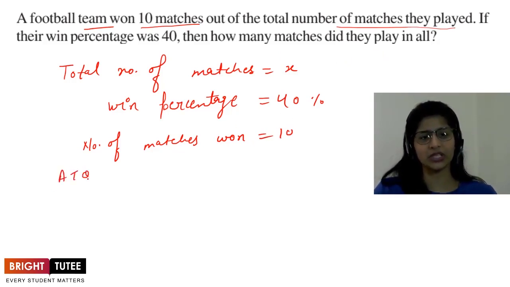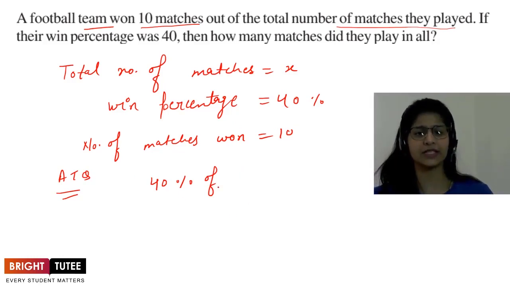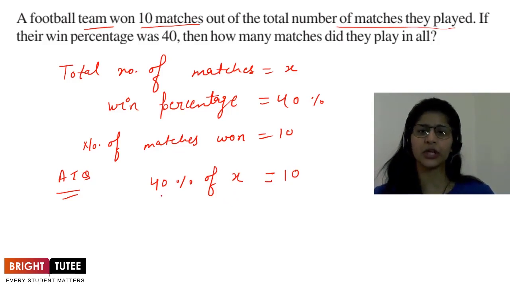So according to the question, what can we write? We can write 40% of the total matches that they played, X, is equal to 10, because 40% is the percentage win and number of matches that they have won is 10.